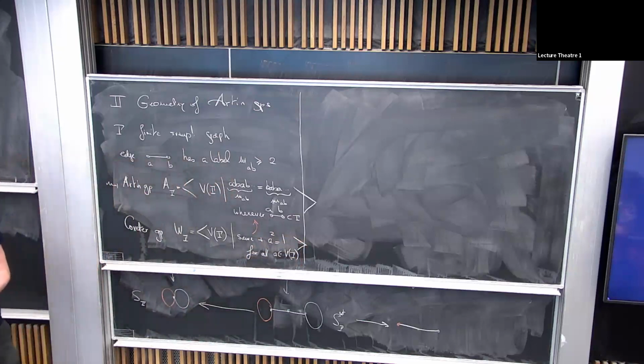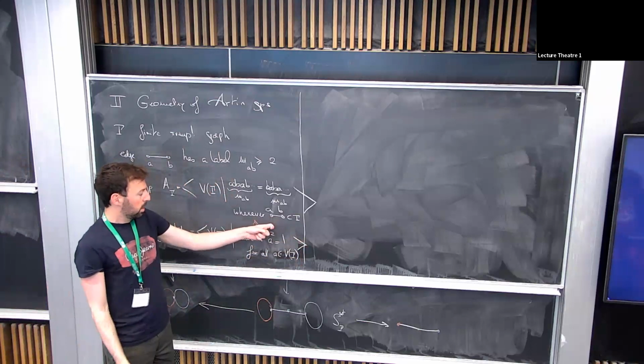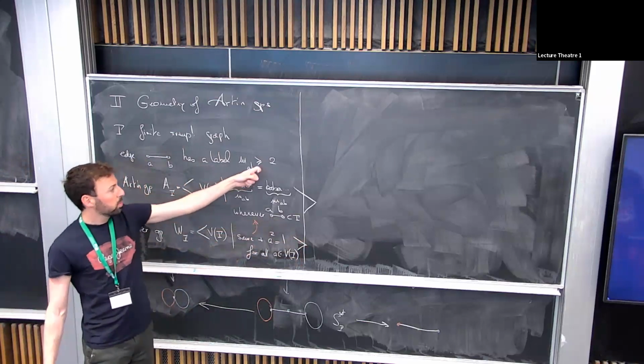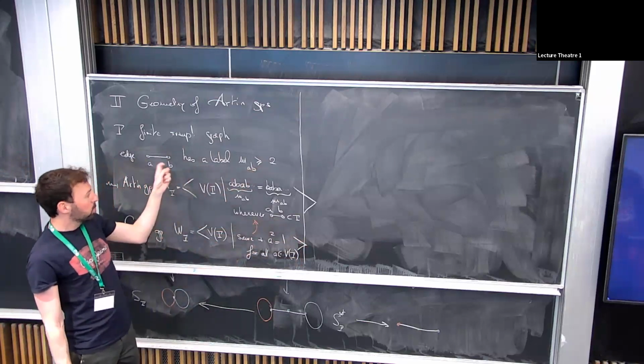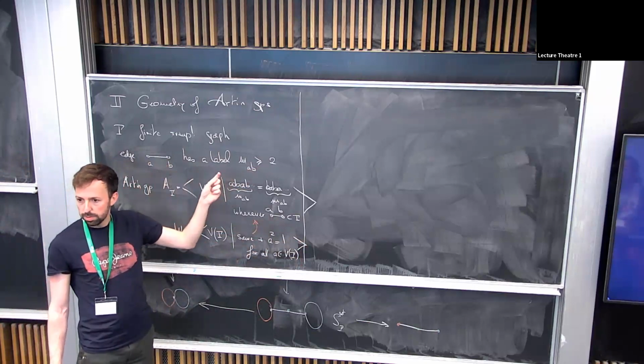Allowing m_AB maybe to be infinite. Well, essentially, I'm not putting an edge if the coefficient is infinite.